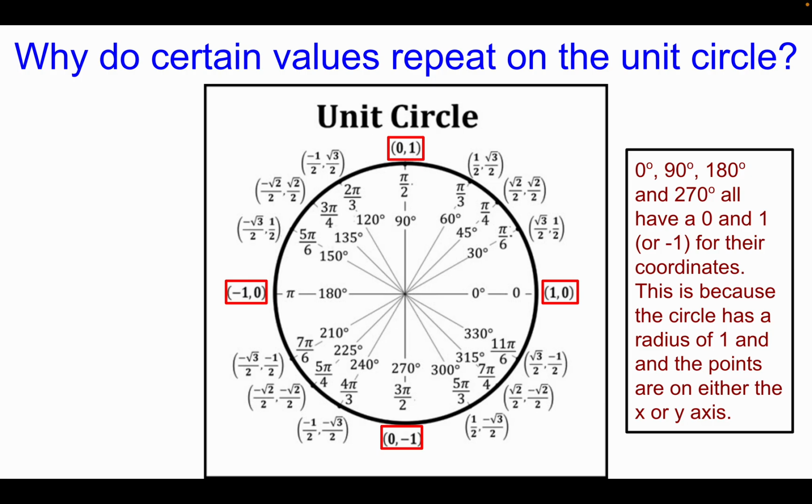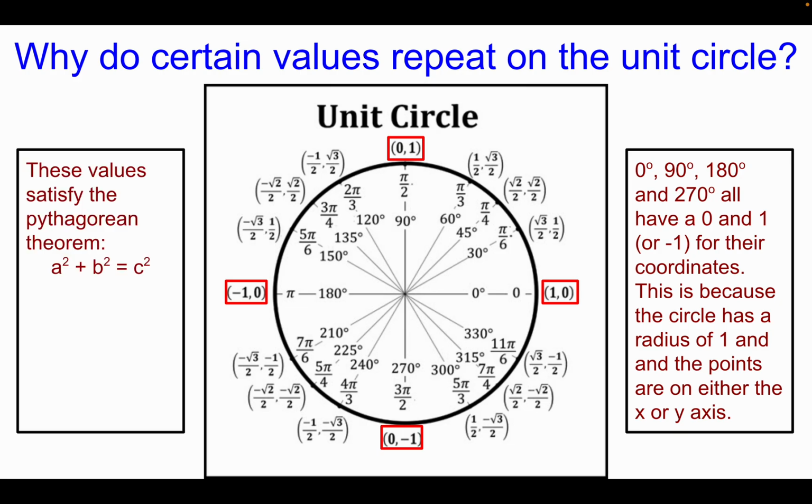Okay, and then it's worth noting that these values satisfy the Pythagorean theorem. So the Pythagorean theorem is a squared plus b squared equals c squared, where c is the hypotenuse of the triangle. So for all values on the unit circle, because the radius is 1, your hypotenuse is going to be 1.